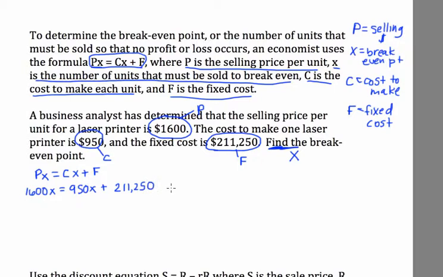So let's go through our steps. First off, is there any simplifying to be done? Nope, everything is simplified. Second, are there x's on both sides? There are. We need to move the x's from one side to the other. Now, I'm going to choose to move the 950x, and the reason is that I want to have this $211,000 number on one side and my X on the other side.